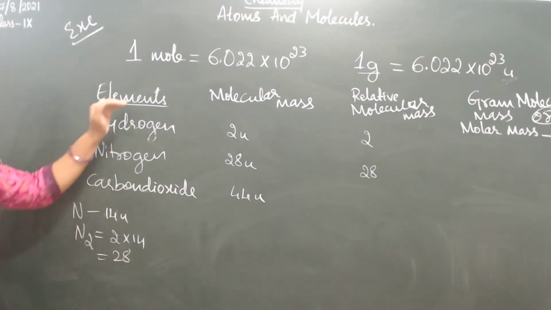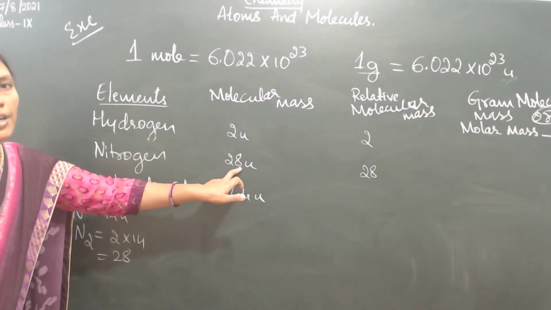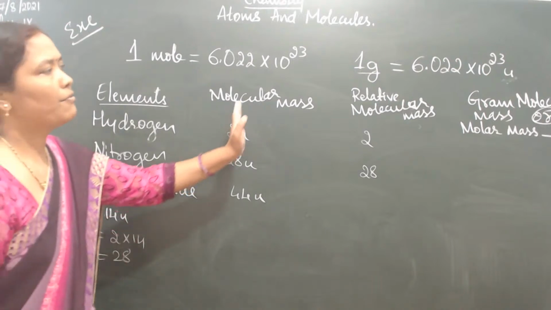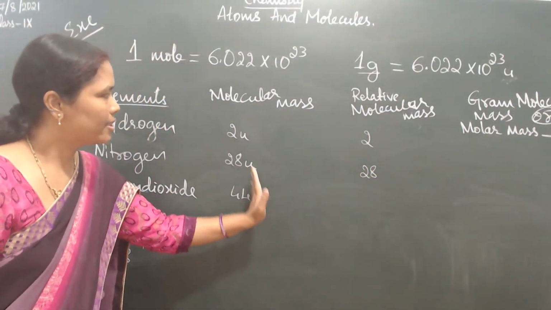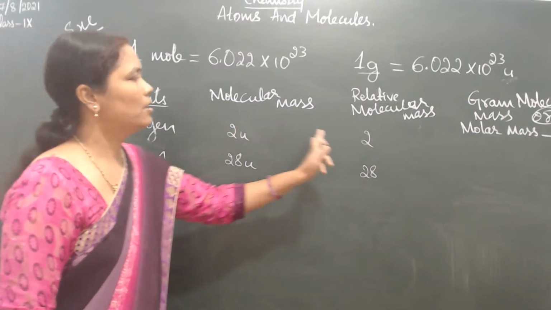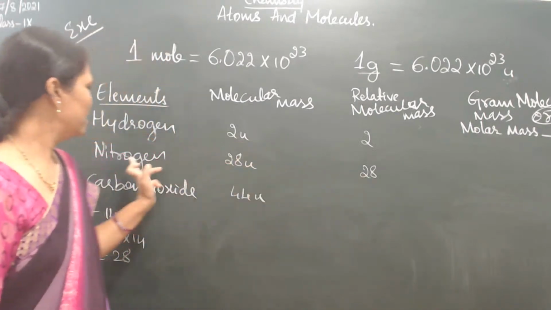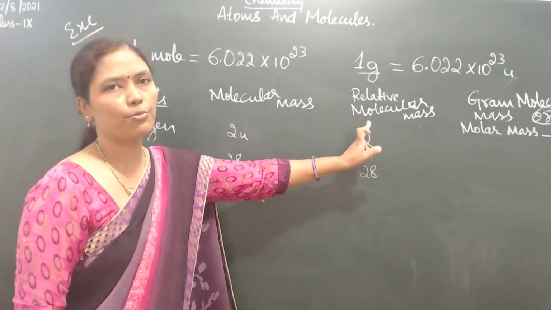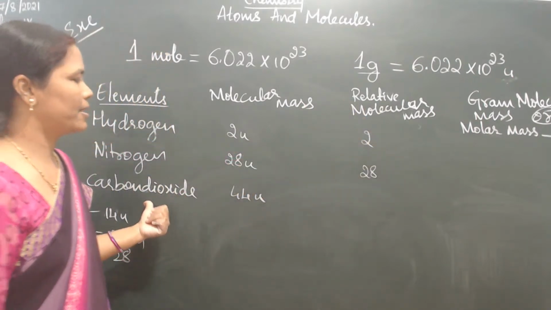So the value for the nitrogen molecule is 28 U. But when we write the relative molecular mass, we should not write this U. So 2 for the hydrogen molecule, 28 for the nitrogen molecule, and the relative molecular mass of carbon dioxide is 44.